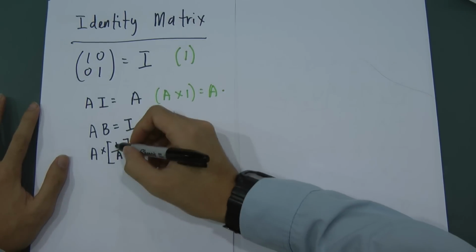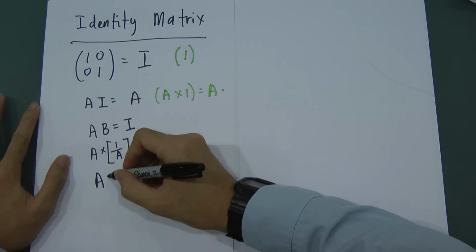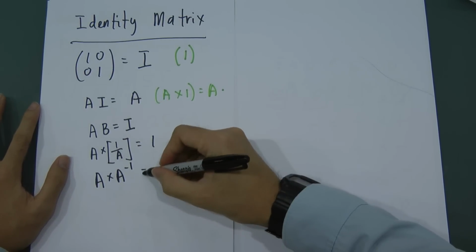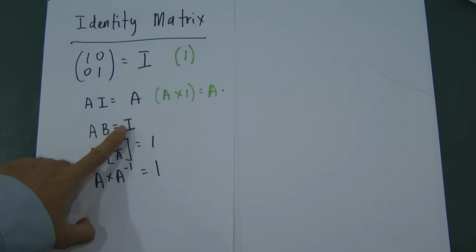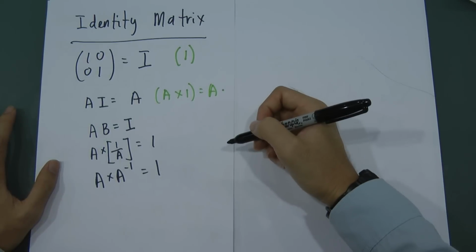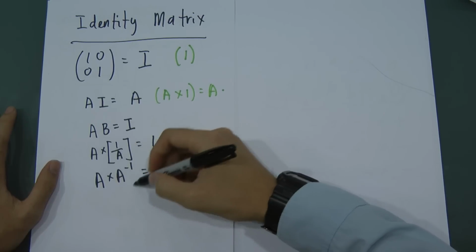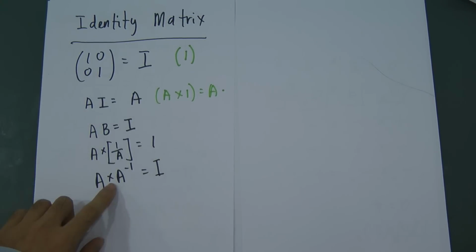Therefore, this one in integer form, 1 over A, what do we call it? We call it A negative 1, A inverse. So if A multiplied by B, I will get the identity matrix, therefore B is actually A inverse.